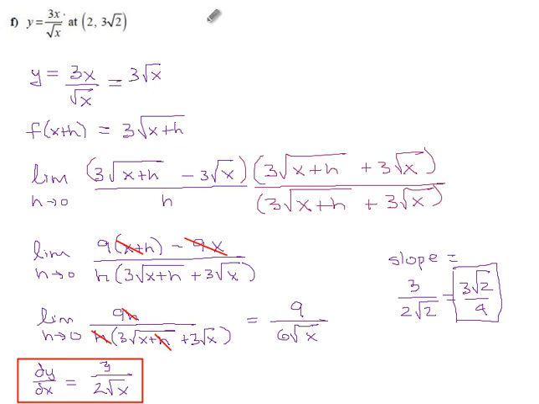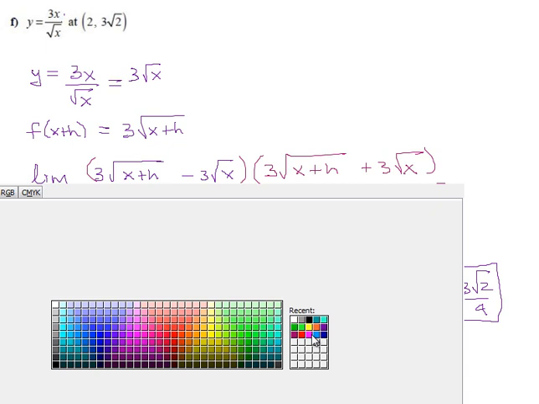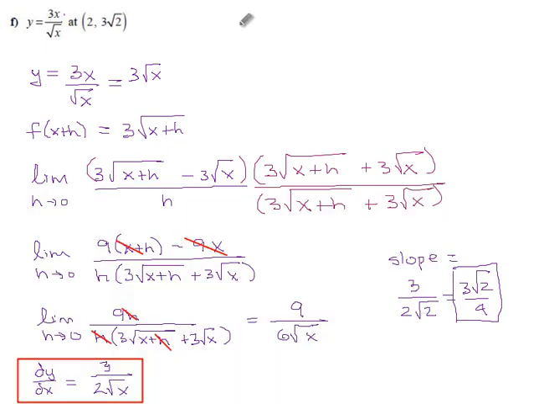And that means our tangent, change colors and do this up top. Our tangent line is y equals slope x plus b.